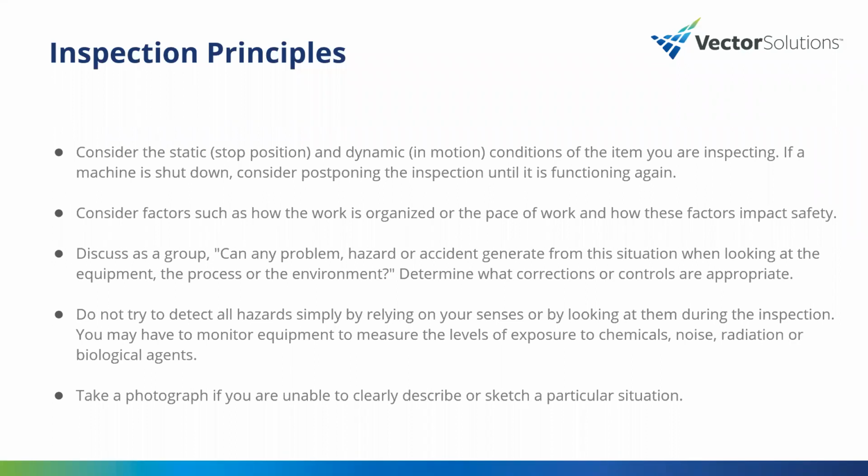And again, noting employee involvement, it's important to discuss as a group, can a problem, hazard, or accident be caused from a situation when looking at a piece of equipment, the process, or the environment. And it's important to get feedback and discuss as a group what corrections or controls might be appropriate to remediate that hazard.